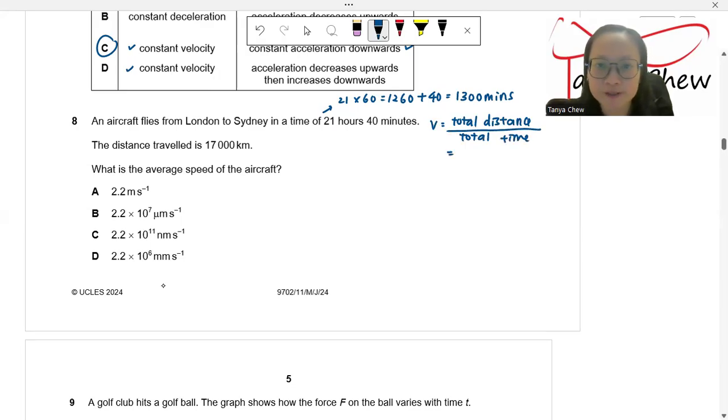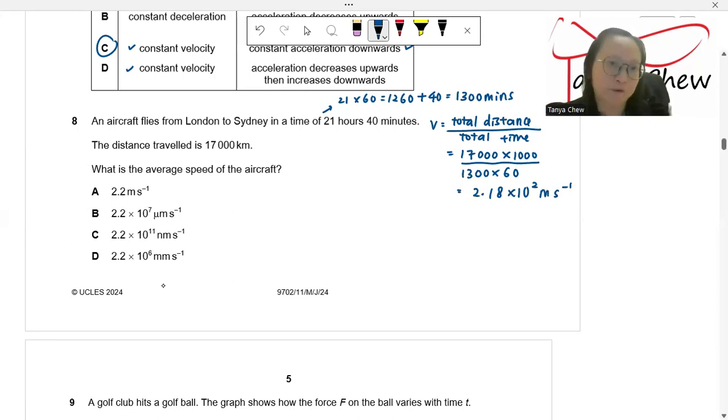Total distance travelled is in kilometers, so I have to change it to meters: 17,000 times 1,000. And then this is 1,300 minutes. I want to change it to seconds, so I just times 60. And I got 2.18 times 10 to the power of 2 meters per second. That is the average speed of the aircraft.